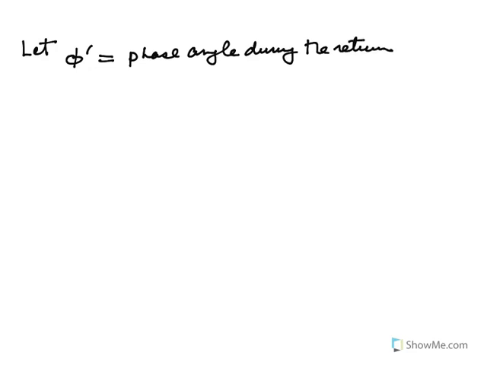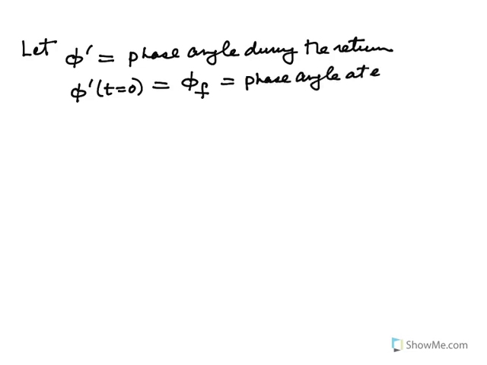Well, we know that phi prime at t equals 0 has to equal phi f, because that's the final phase angle, that's equal to the phase angle at the end of the outbound leg.